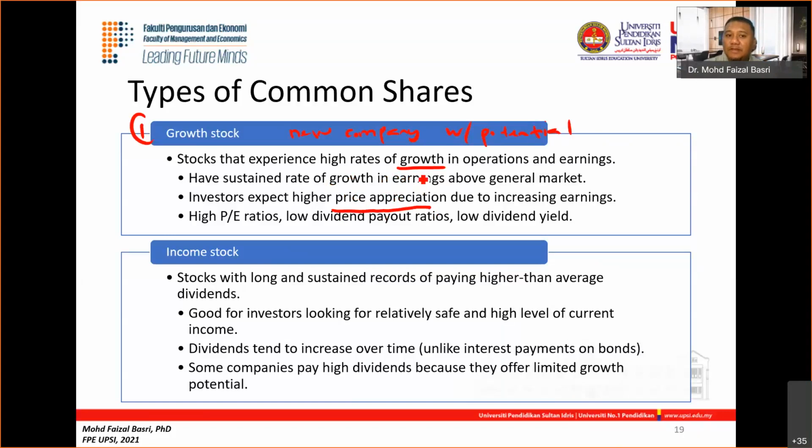But one characteristic of growth stocks is their dividend payment is usually low. So the price appreciation will be high, but the dividend would be low. Why? Because this company is considered new. When we talk about a new company, especially with growth potential, they require frequent or continuous capital injections.